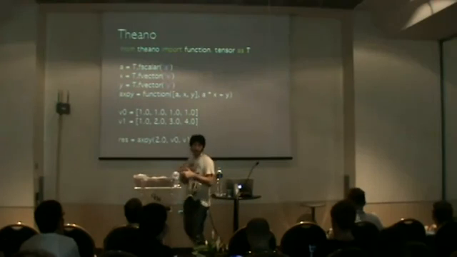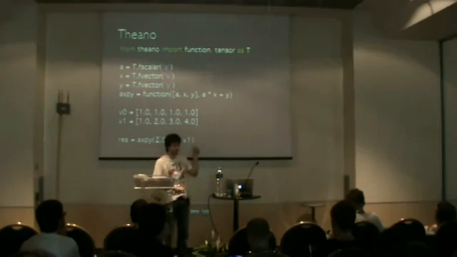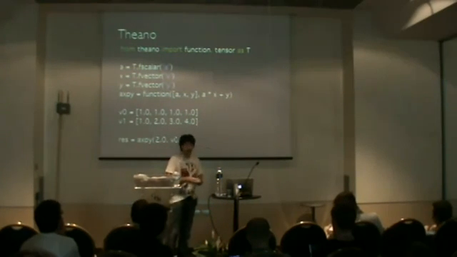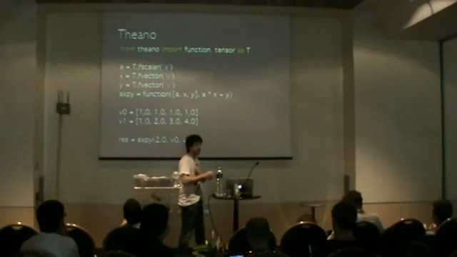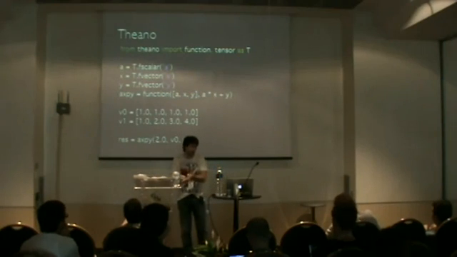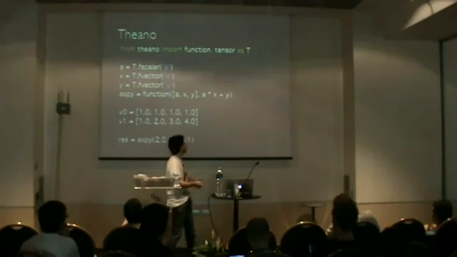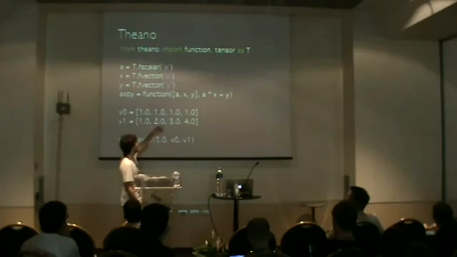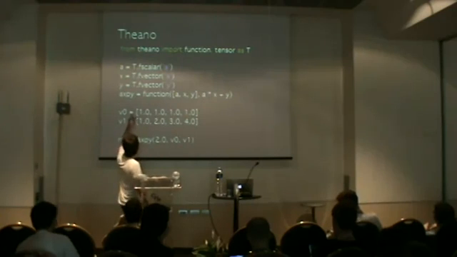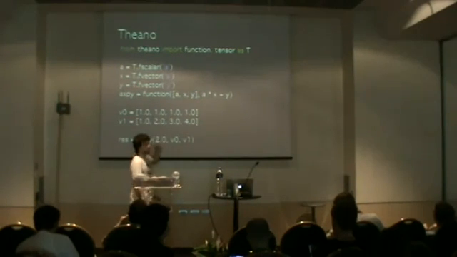I copied the example that I did before for Copperhead, and it's the same AEX-PY. But since Theano is a math expression compiler, we have to declare which arguments the function takes as input. So we declare A, that is a scalar, and then X and Y, that are the two vectors.